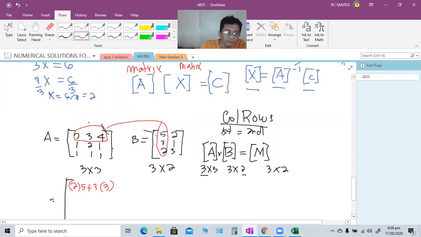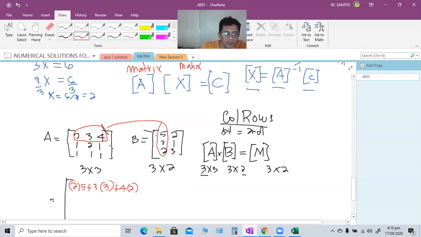So, next is, yung 4 naman, partner doon sa 2. Diba? Kanina. O, baga x, y, z na yan. So, we have now plus 4 times 2. So, this is the first element. Now, for the second element, dahil yung answer natin is 3 by 2, dalawang column na lang yan. So, this is the first column, the second column.